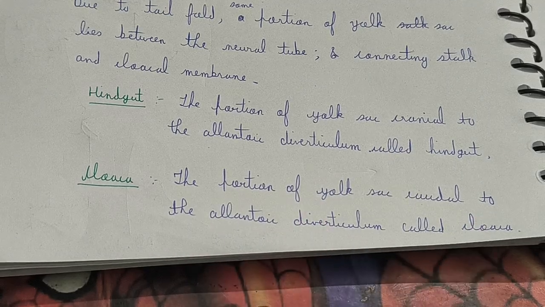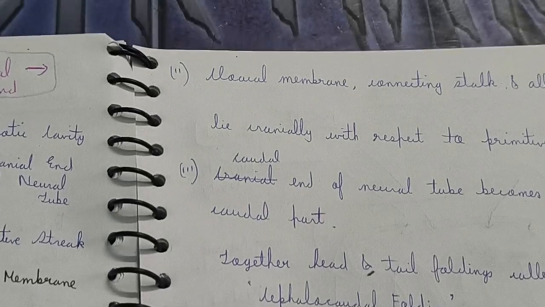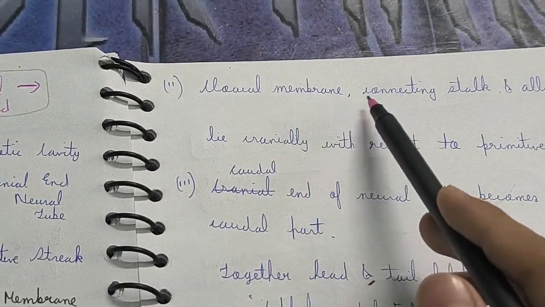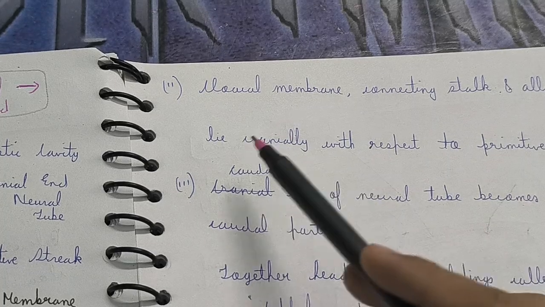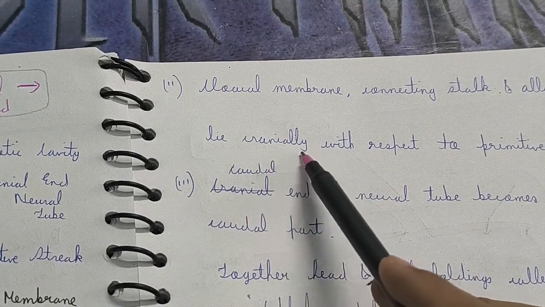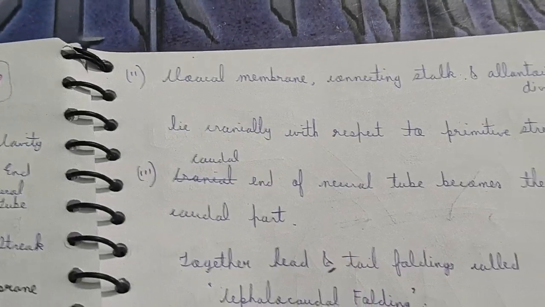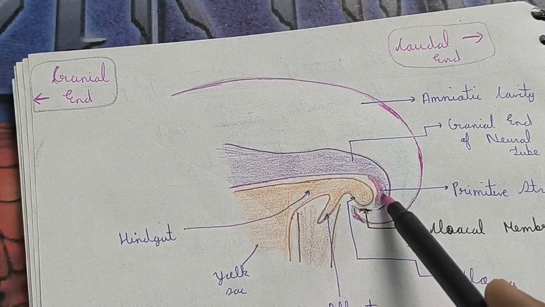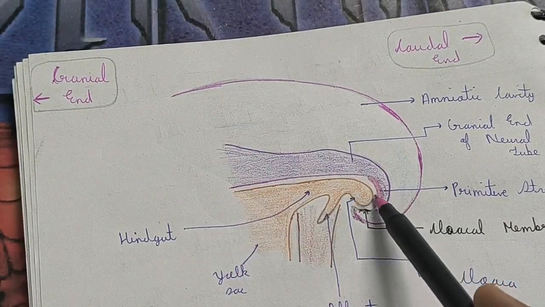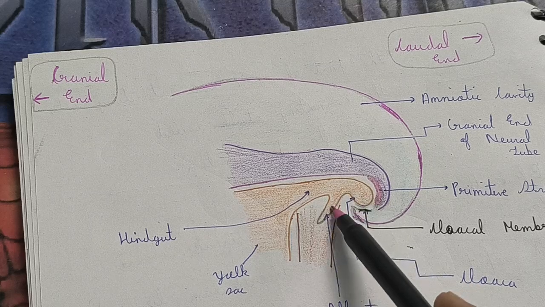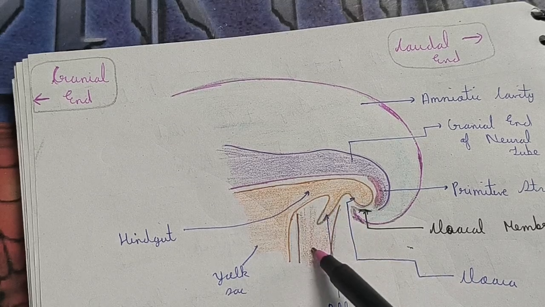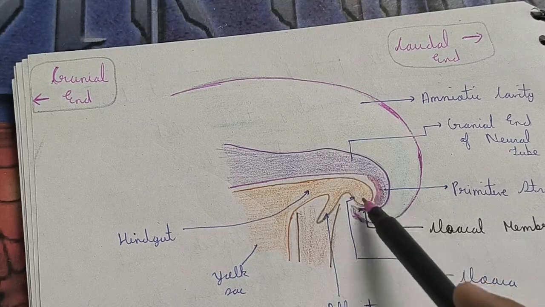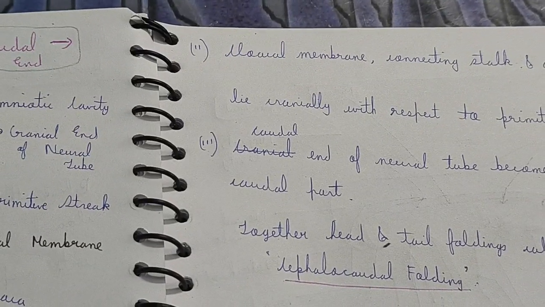The second point is that the cloacal membrane, connecting stalk and allantoic diverticulum all lie cranially with respect to the primitive streak, as you can see here that this is the cranial end. The cloaca, allantoic diverticulum, connecting stalk and cloacal membrane are all lying cranially with respect to the primitive streak.